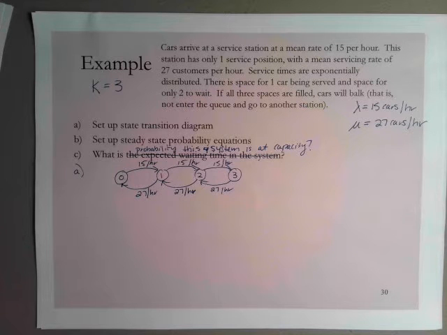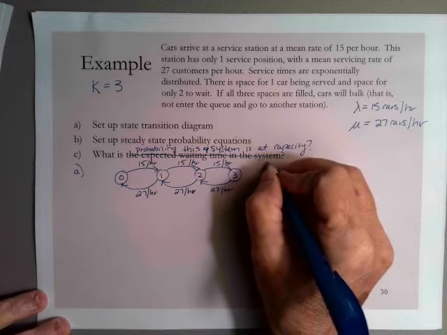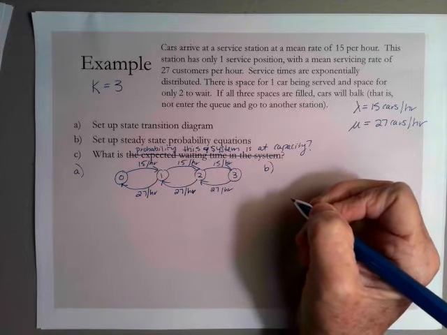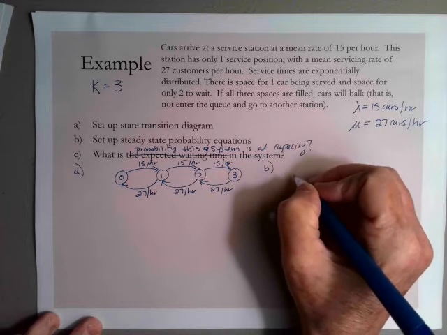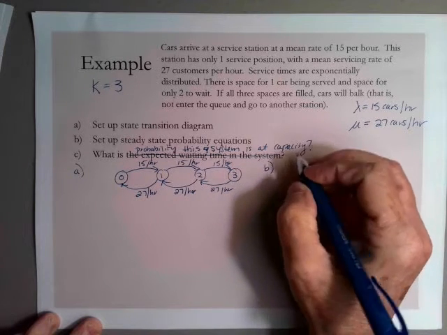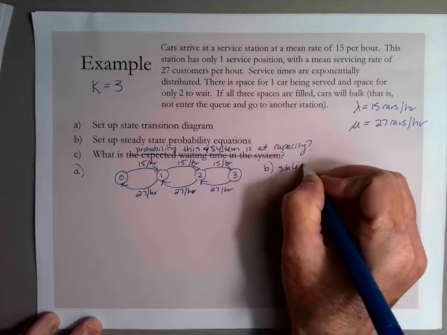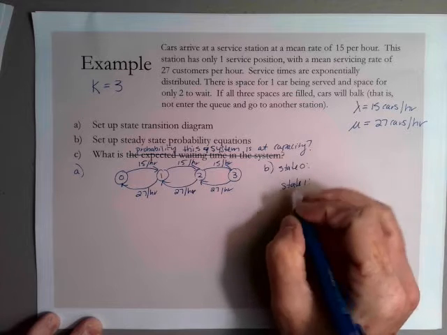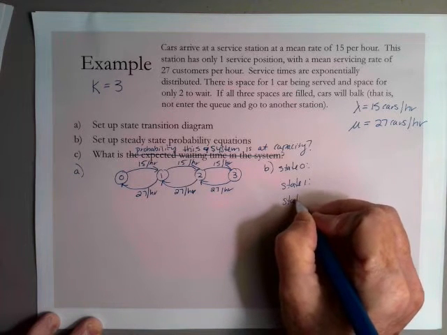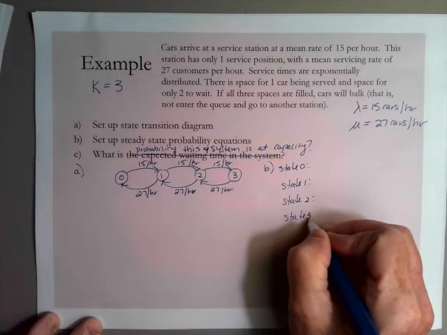Part B says set up the steady state probabilities, and that's pretty easy to do. We know that the expected rate into a state has to equal the expected rate out. So we have state 0, state 1, state 2, and state 3.